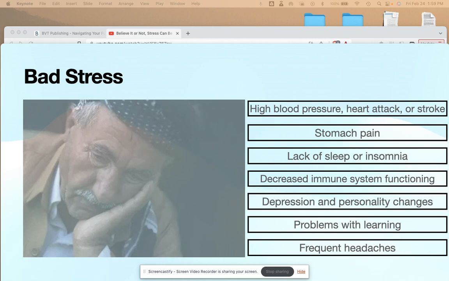Now, as I look at this list of the results of being in the bad stress zone, the ones that affect me most personally, not so much stomach pain, but I would say an upset stomach, and definitely lack of sleep or insomnia. How about you? Take a look at that list. Do you experience any of those? If and when you do, what you've very likely done is transition from the good stress zone into the bad stress zone.